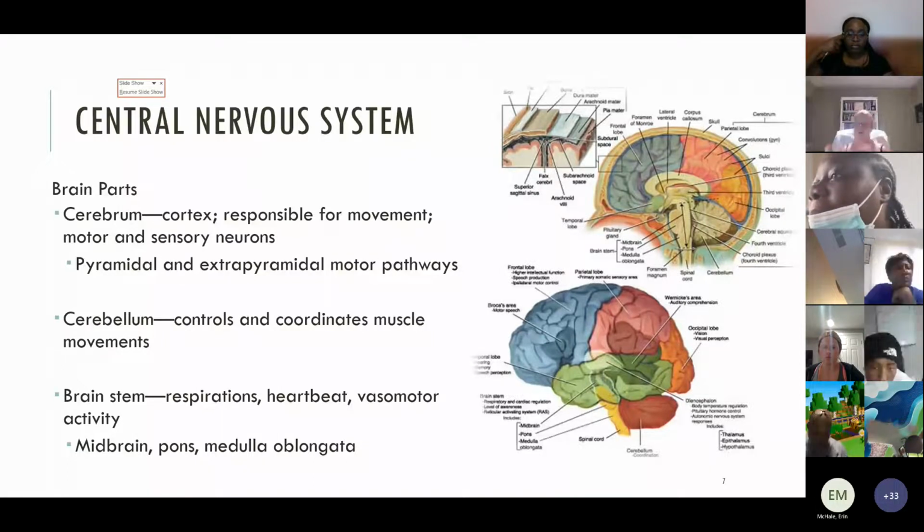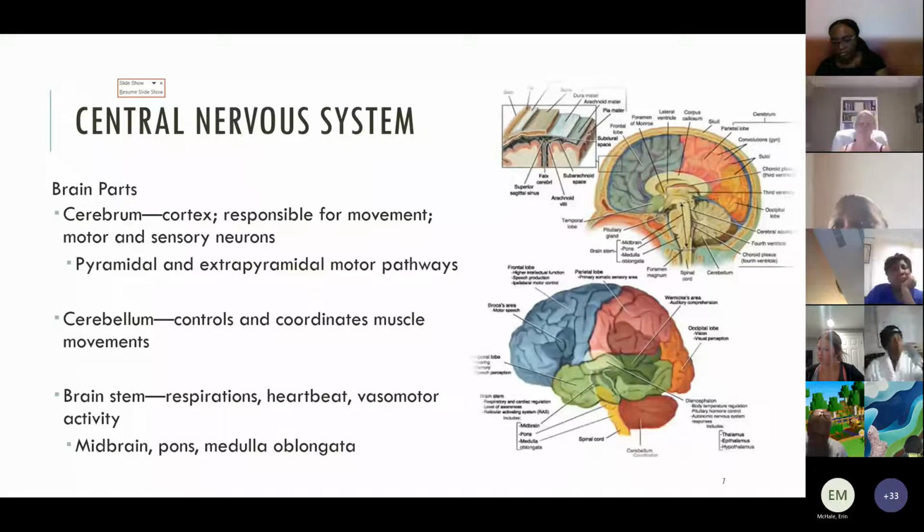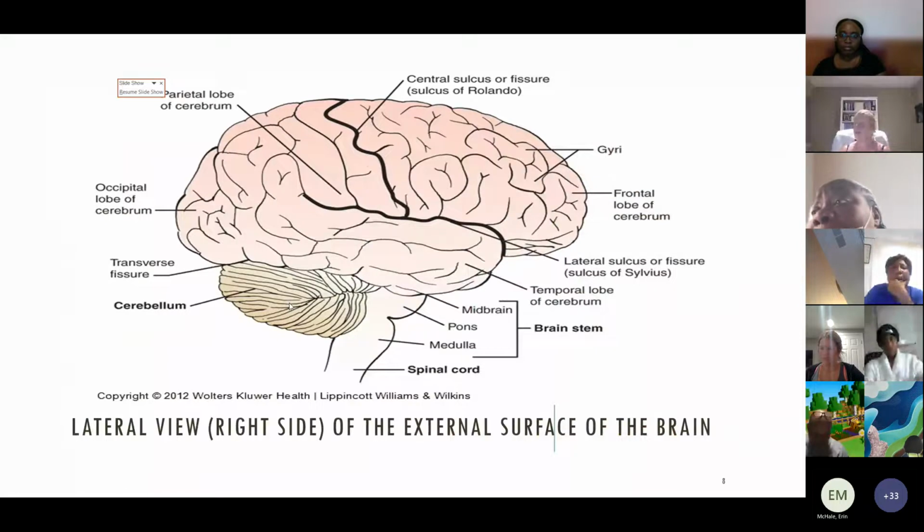So these are the areas where we're going to see difficulty in our patients if there's any kind of brainstem injury. And then inside of our brainstem, we have the midbrain, we have the pons, and we have the medulla oblongata. So this all should just be a refresher. This is just a lateral view of the surface of the brain, which just kind of shows you where everything is.